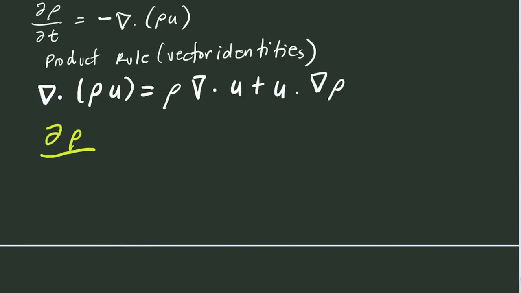change rho over change in t plus u dot grad rho is equal to minus rho grad dot u.